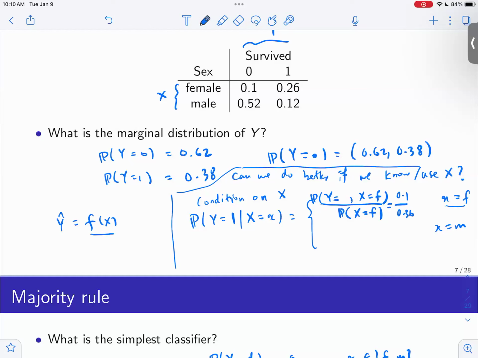I'm going to change this to the probability of Y equal to 1 given X equal to F. So that would be 0.26, right? 0.26 divided by 0.36. So what is that? Yeah, okay, so this would be 0.72.